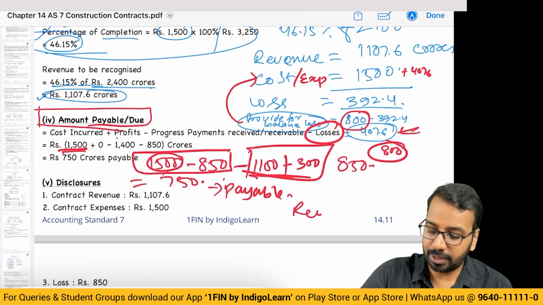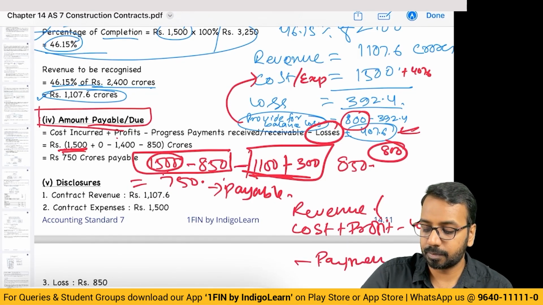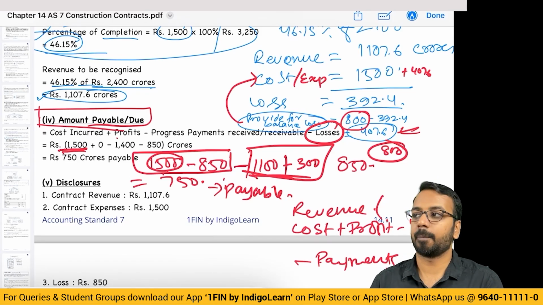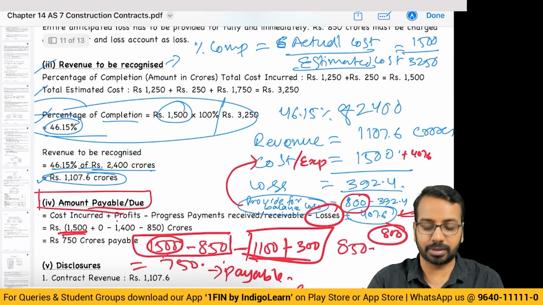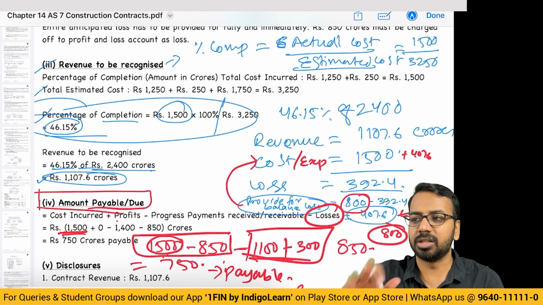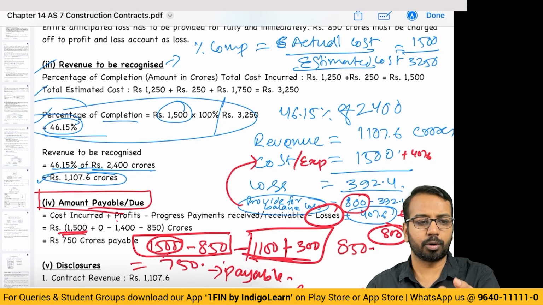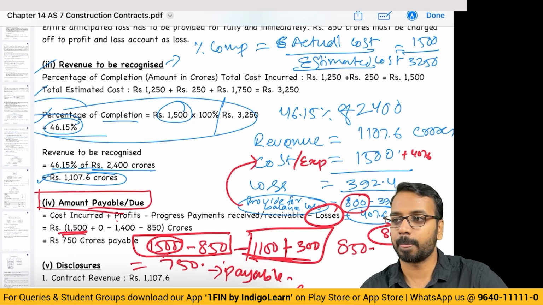Always take revenue, that is cost plus profit minus losses minus payments received and in pipeline. Any question in this? We'll do a couple of more questions because this is what is generally tested in the examination. We'll take one more question from May 24 examination that will give you absolute confidence to handle this question in the examination.